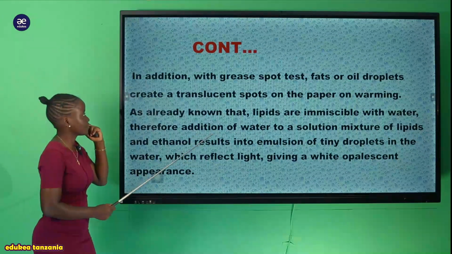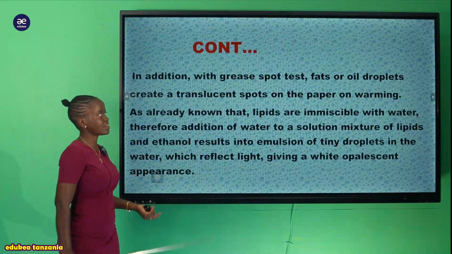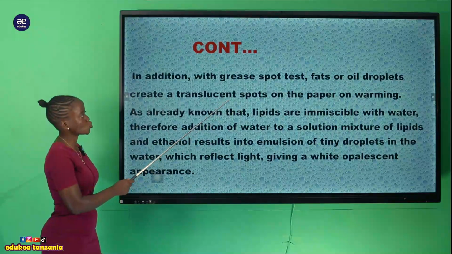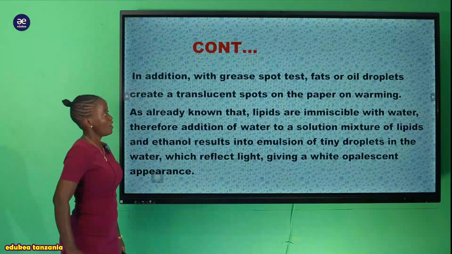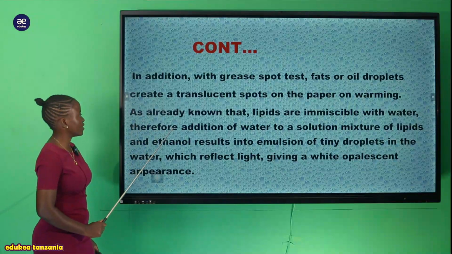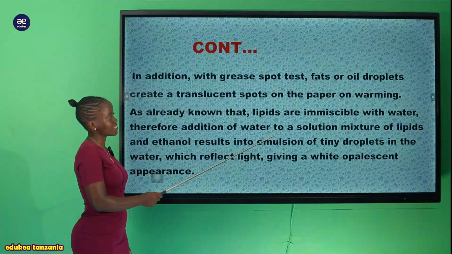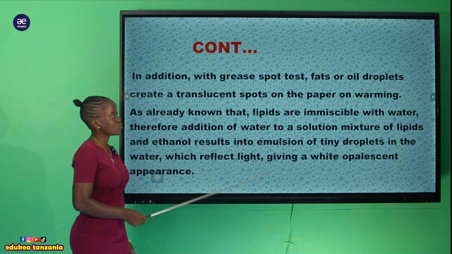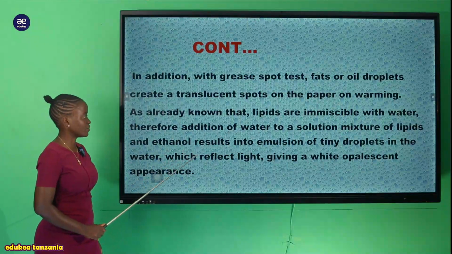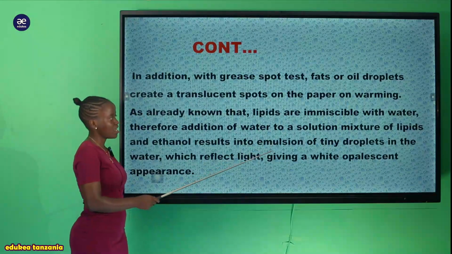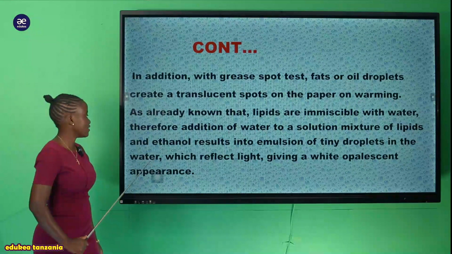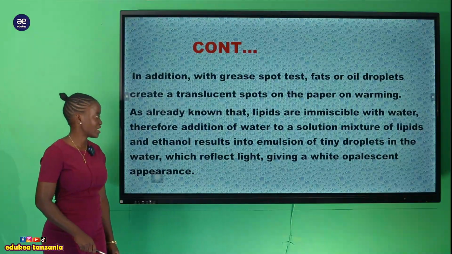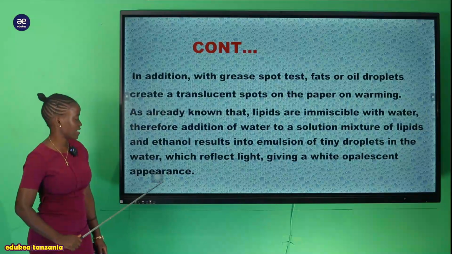So now, in addition, you can use the greasy spot test, that is, the fat or oily droplets create a translucent spot on the paper on warming. As we already know, lipids are immiscible with water, therefore addition of water to a solution mixture of a lipid and ethanol results in an emulsion of tiny droplets in water, which reflect light, giving a white opalescent appearance.